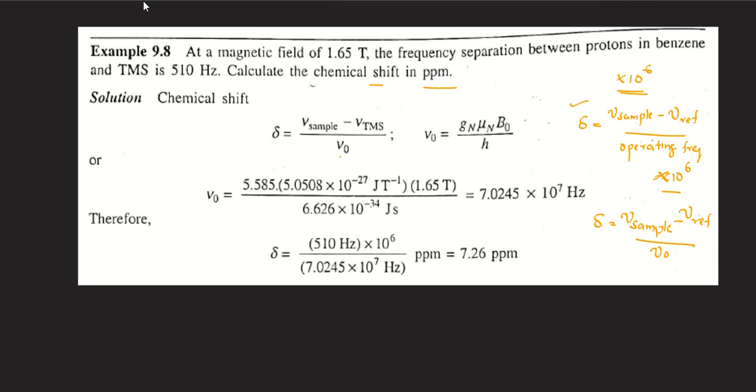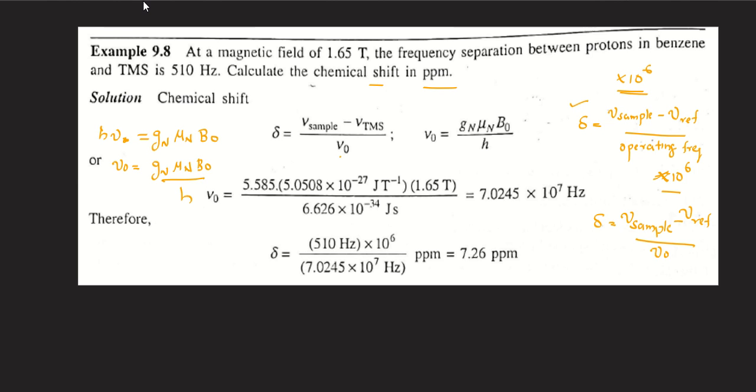The transition happens when the energy of the radio frequency wave is equal to Gn mu n B0. This is the condition for resonance. That is, at resonance, h nu 0 is equal to Gn mu n B0. So first use the resonance condition to find out nu 0. Nu 0 equals Gn mu n B0 by h.